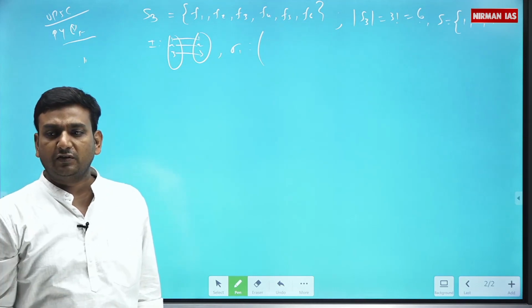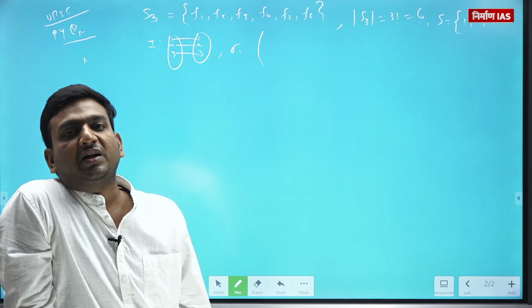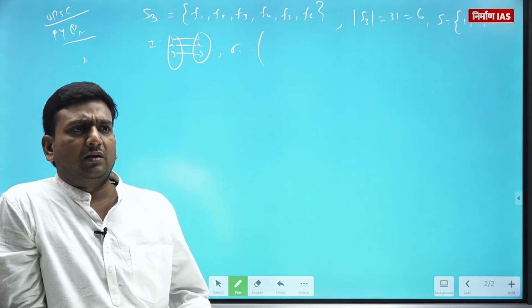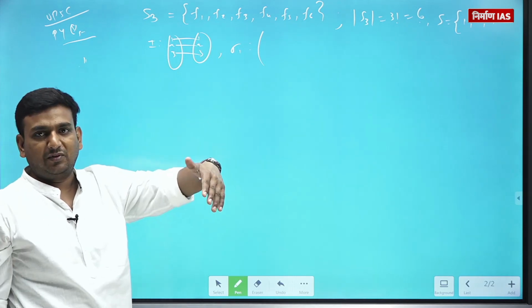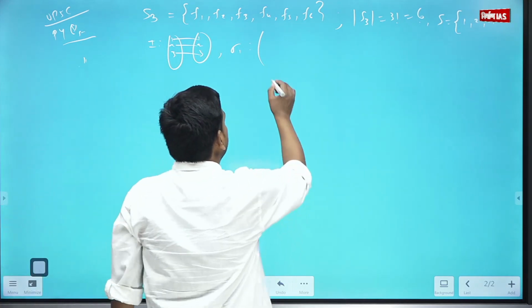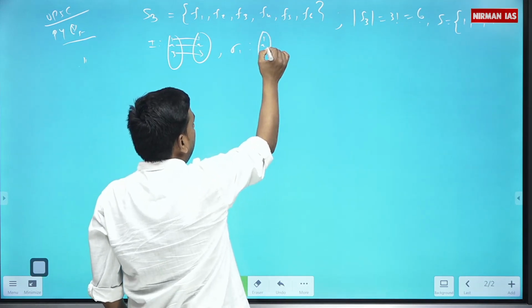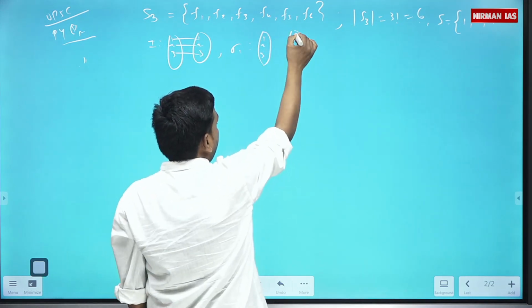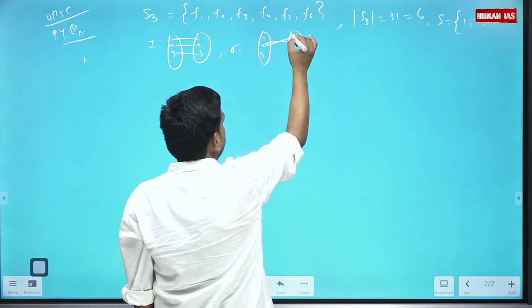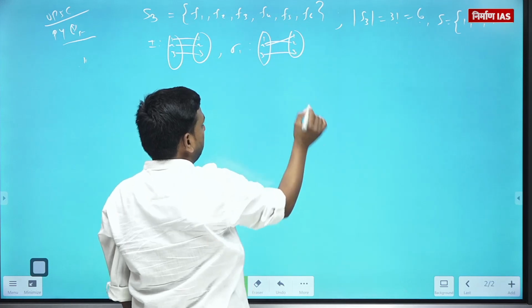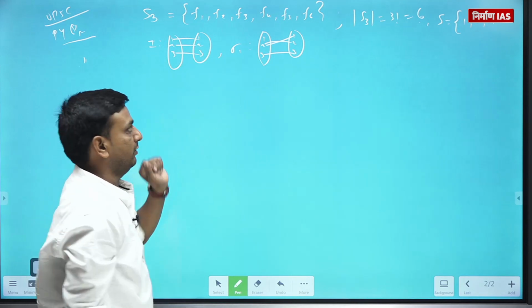From here onwards, I will be taking these notations as sigma 1, sigma 2, sigma 3, tau 1, tau 2, tau 3. Why am I writing this? Because I will not be writing this stuff each time. Obviously, this will become cumbersome. So when I write such a function where 1 is mapped to 2 and 2 is mapped to 1, 3 is mapped to 3, I will denote this function as sigma 1.